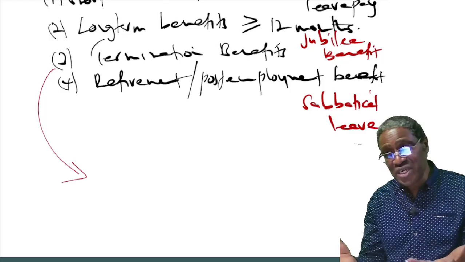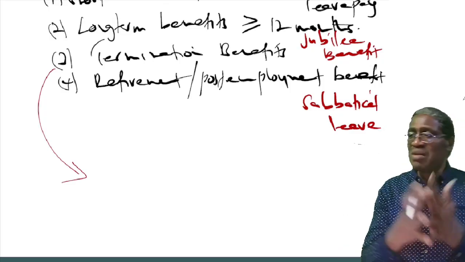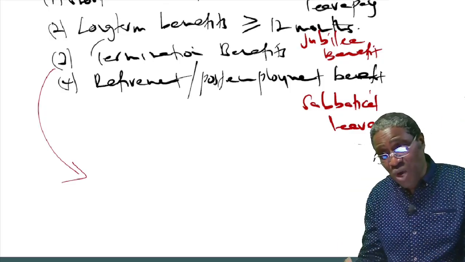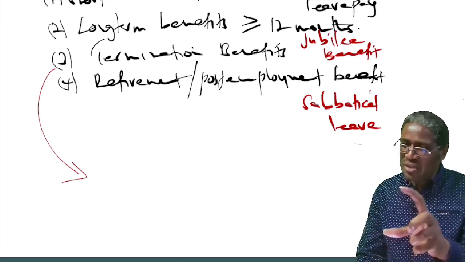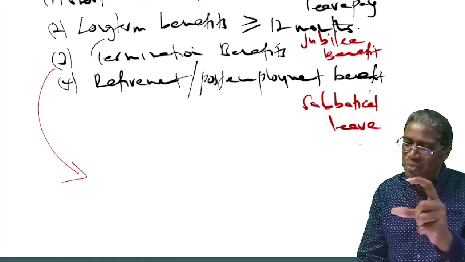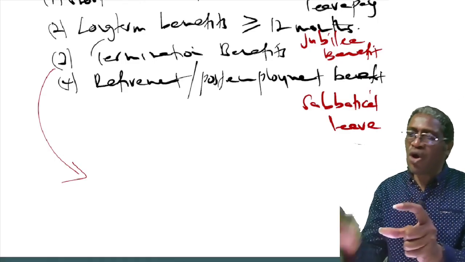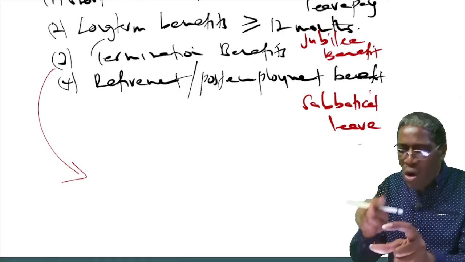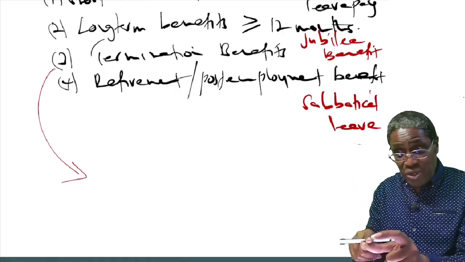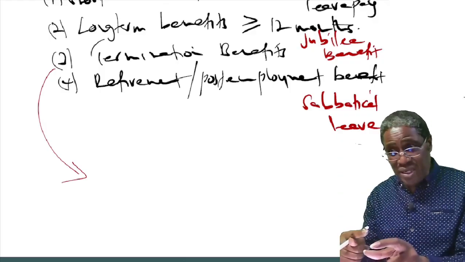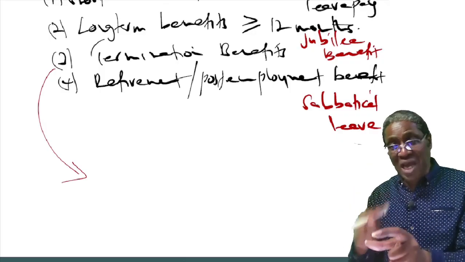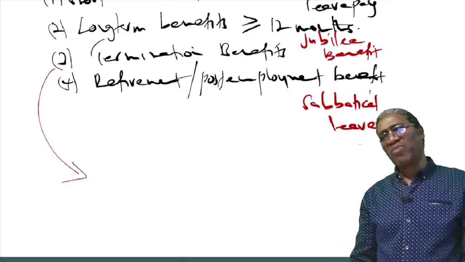Some of the employees will take it and leave. Some will say it's too low. They continue working. But it is that kind of benefit that you as an employee are entitled to because of your own decision to accept an early retirement in exchange of a benefit.